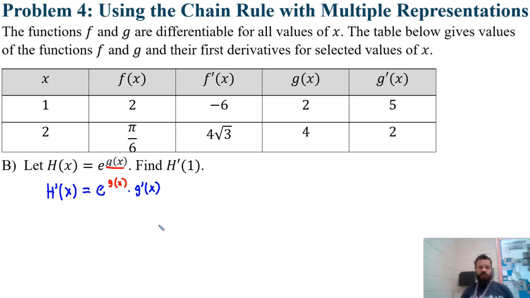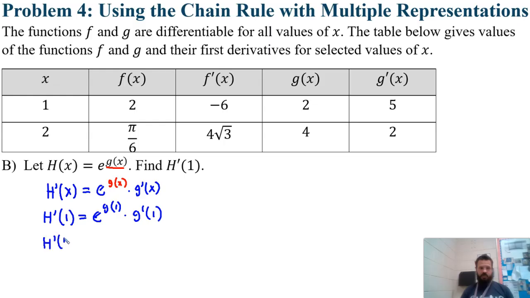So there's my derivative function. Part of it I know explicitly, the e part. The other part is g, some other function where we have the function and its derivative. Since we don't know what that function is, this is as nice as we can simplify it. That's okay because we want h prime of 1, which will just be substituting the 1 in for the x's. So we have e to the g of 1 times g prime of 1.